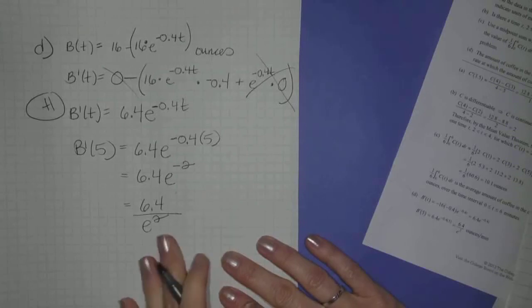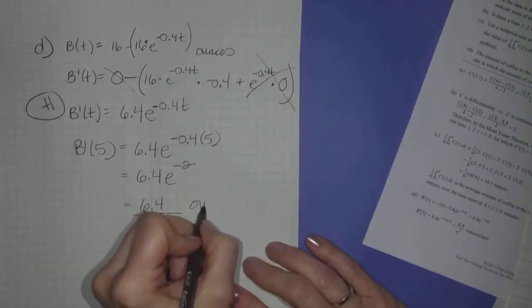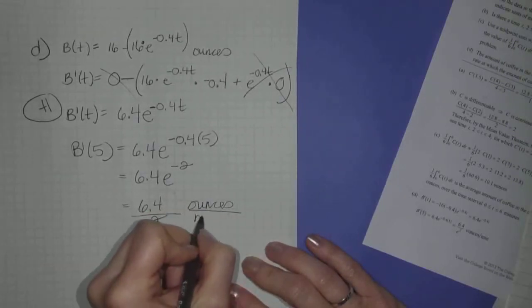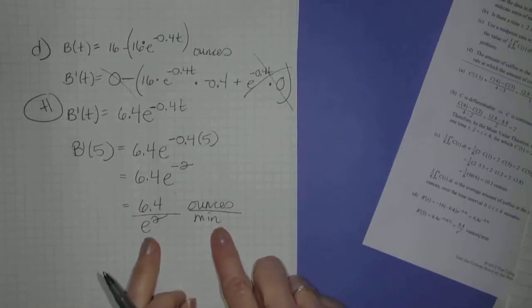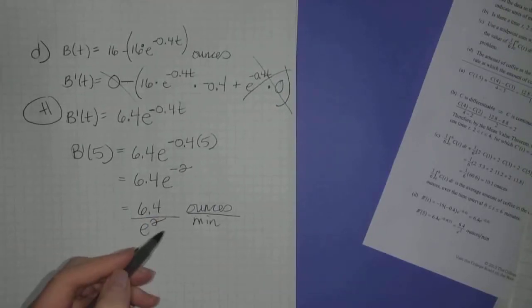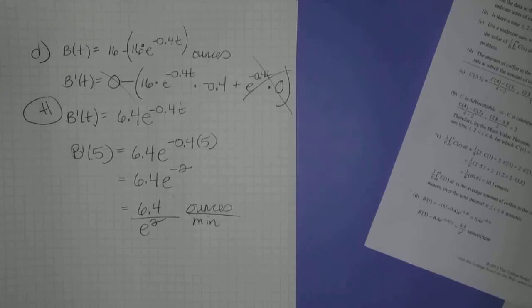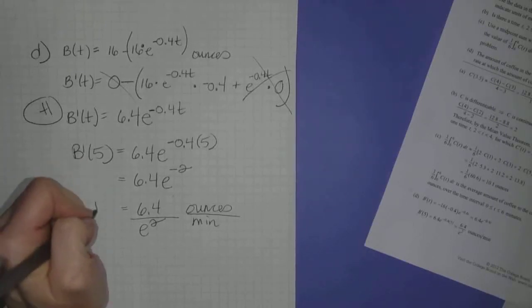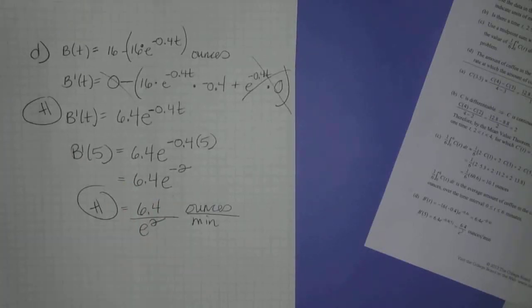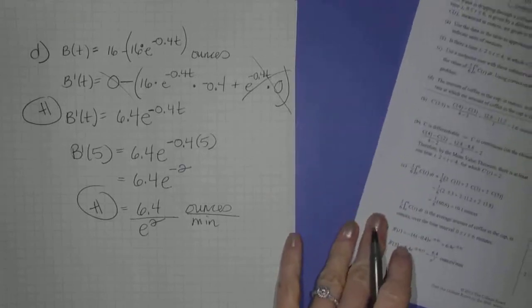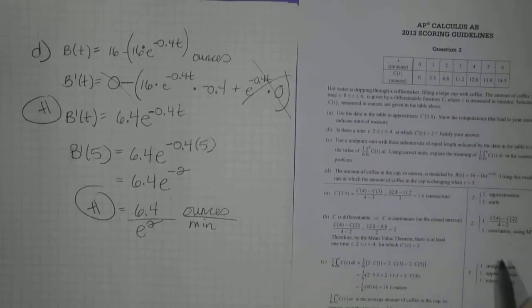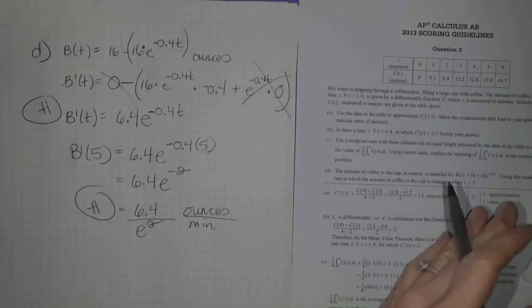And since this is a rate of change, we're going to call this ounces per minute. And I don't have a calculator, so I have to leave it like this, and that's fine. In fact, that's the answer they want, and they're giving you a point for getting that answer. So hopefully those points added up to 9. I think they do. Make sure that they do.